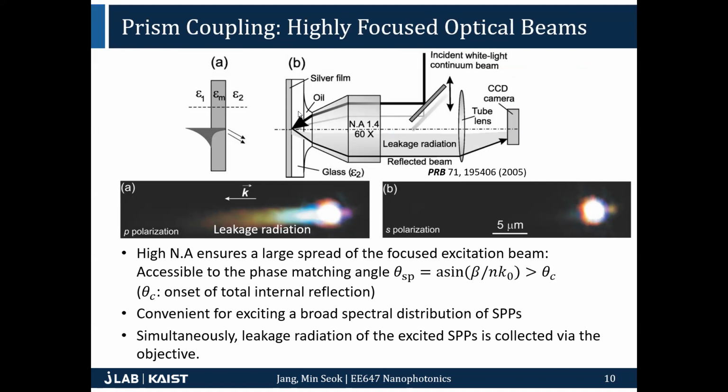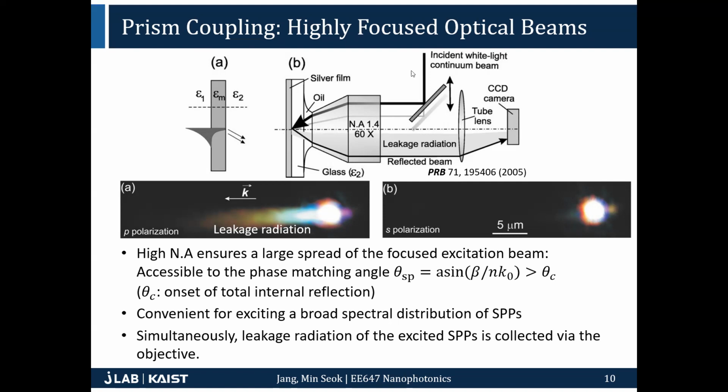So you can see here, if you have a silver film and you want to excite surface plasmons at this interface, then instead of actually using a prism, you can just use a microscope and high index oil to match the phase, right? So that is also possible, and it's more handy in terms of experimental complexity.